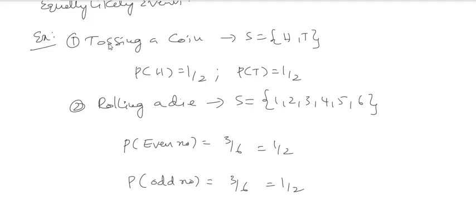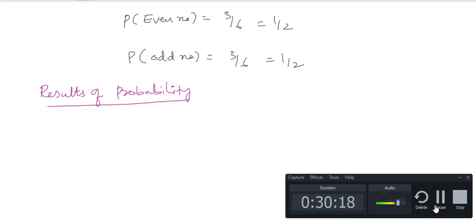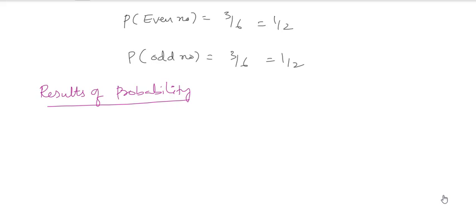If you understand all these concepts, that helps a lot to solve problems in probability. So let me take the results of probability. Am I right or not? Results of probability. Yeah.